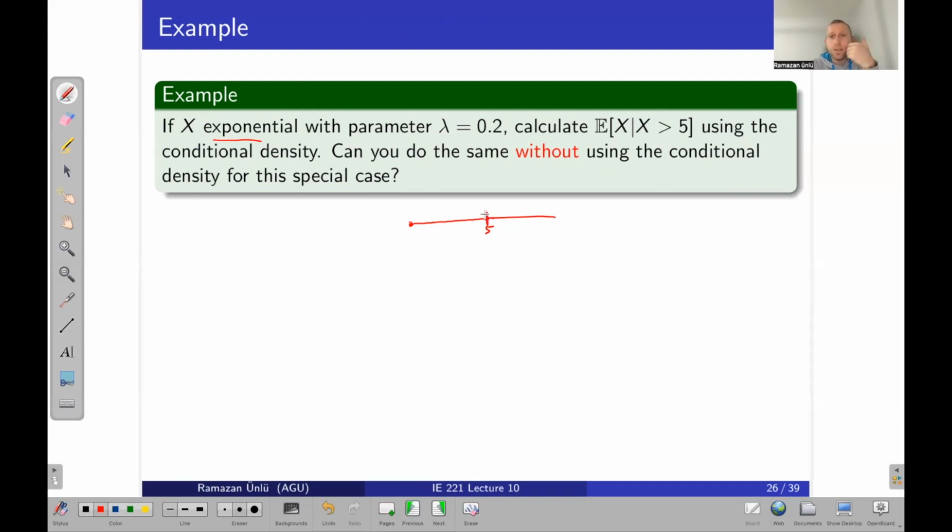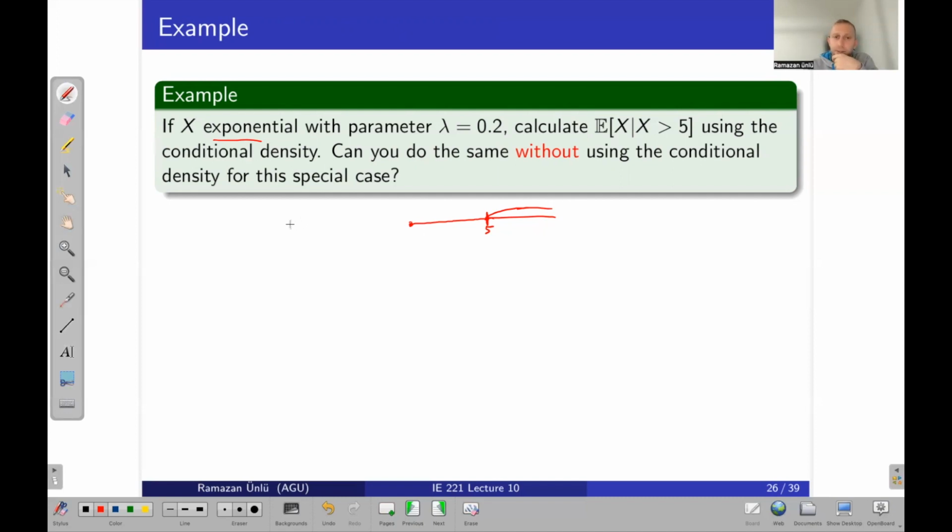And how long will that machine work properly after 5, let's say days or years?